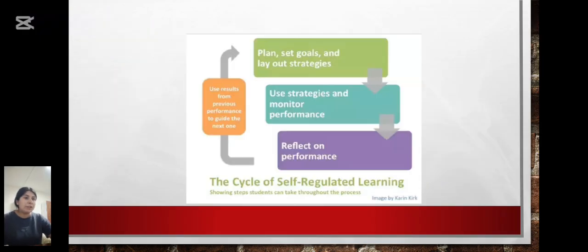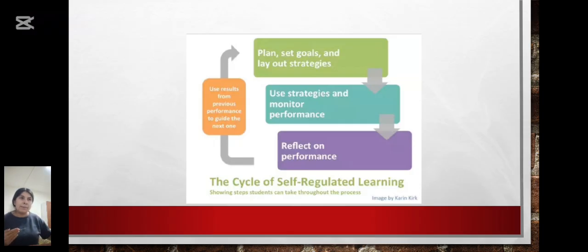So yes, now let's look at this schema. Here is the cycle of self-regulated learning. It shows steps that students can take throughout the process. The first step is plan, set goals, and lay out your strategies. The second step is use strategies and monitor your performance.